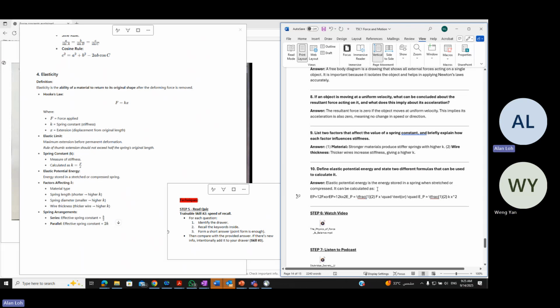I think this formula is wrong. What happened? But let's do that first. Do the question, and then you get your own answer. I think you know the answer now.